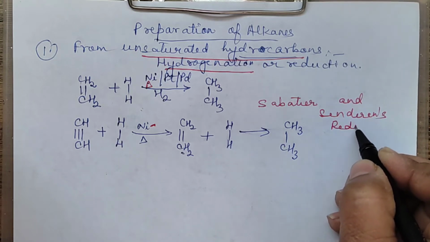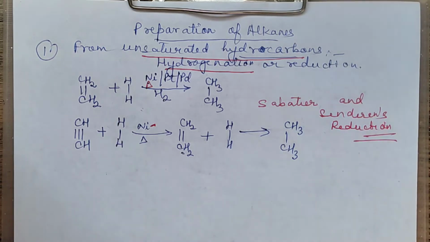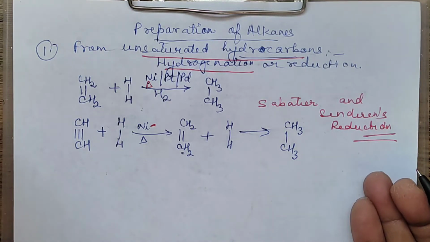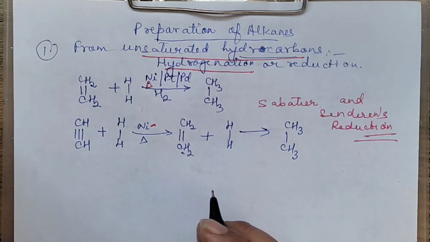Reduction also you can call Sabatier Senderen's reduction reaction. Okay, it's a name reaction. Right? This particular reaction is also used in the manufacture of vanaspati ghee from edible vegetable oils. That is, hydrogenation is done in the presence of nickel.